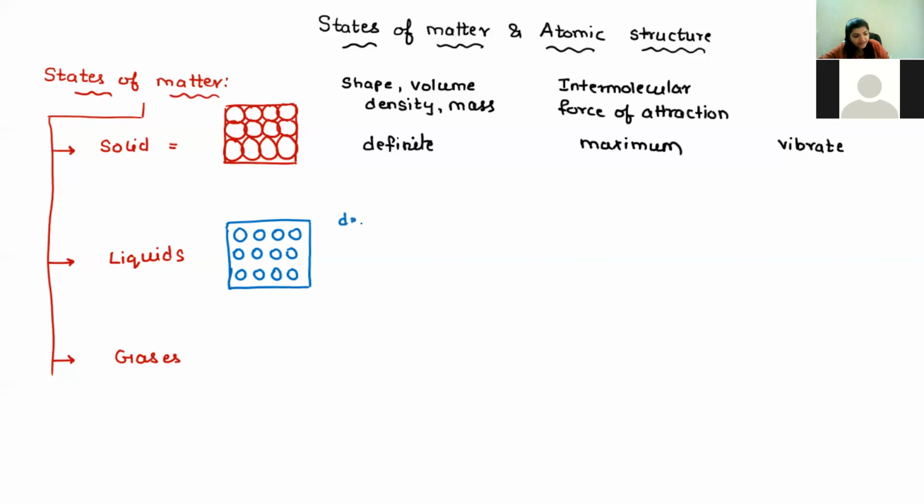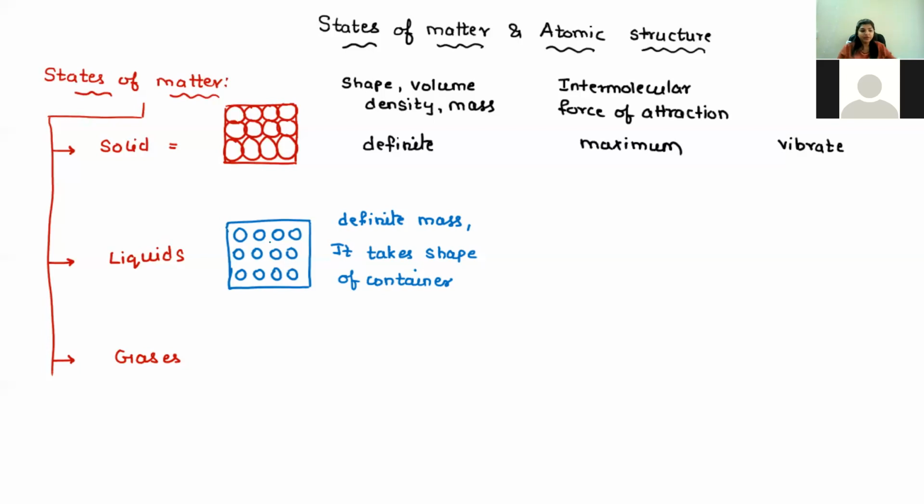So it has a definite mass, but it takes the shape of the container. It does not have a definite shape. Suppose you pour liquid in a glass, it takes the shape of the glass. If you pour liquid in a bowl, it takes the shape of the bowl.